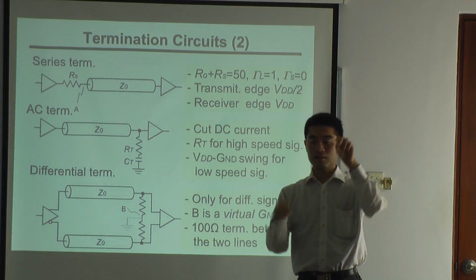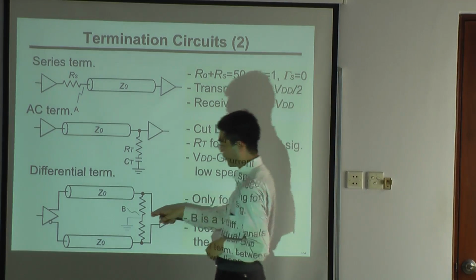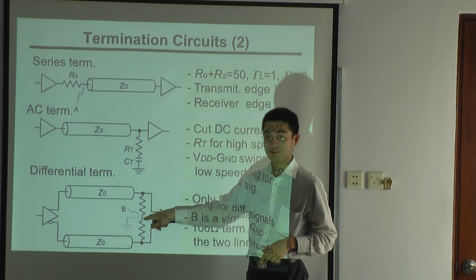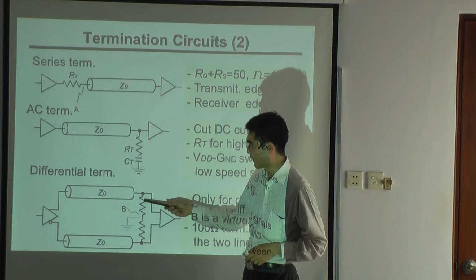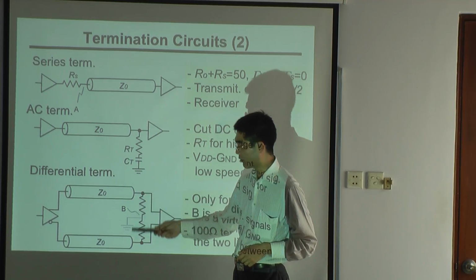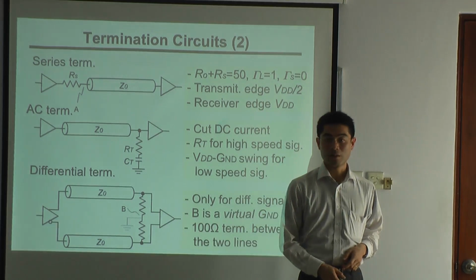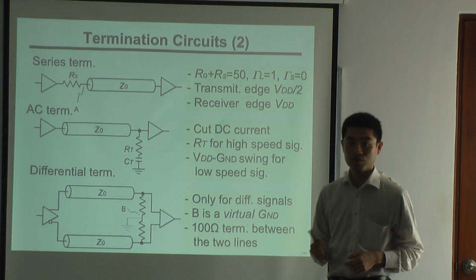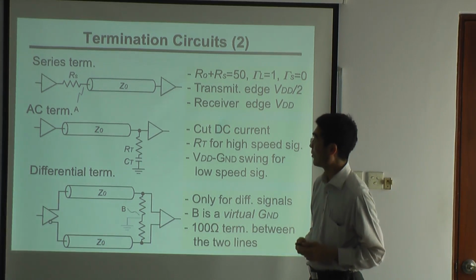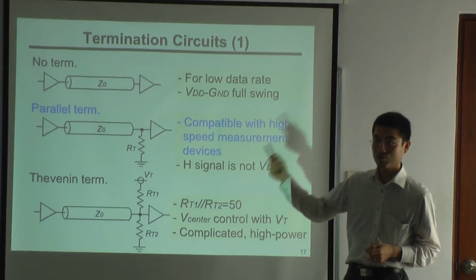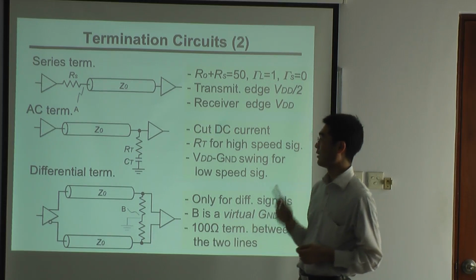The center point does not change even though the signal goes high to low or low to high, so it is stable and we can consider it virtual ground. So 50 ohm plus 50 ohm equals 100 ohms. Putting 100 ohms here gives matched termination for differential signals. So these are the major termination techniques: no termination, series, AC, and differential.